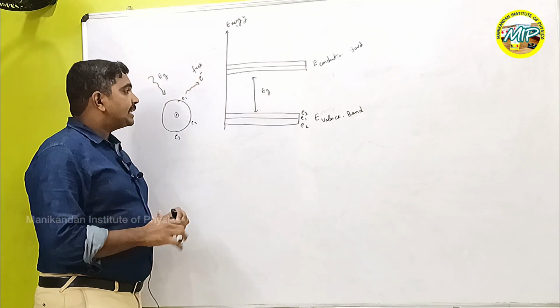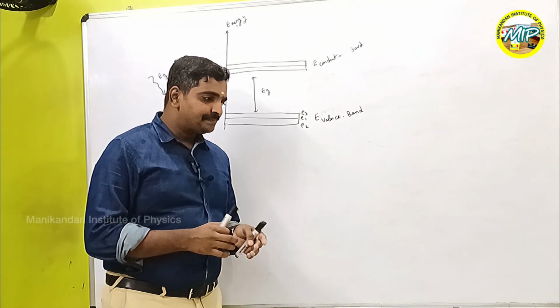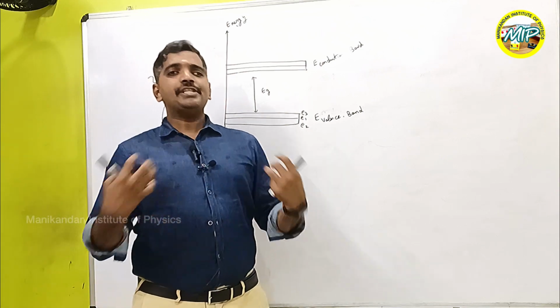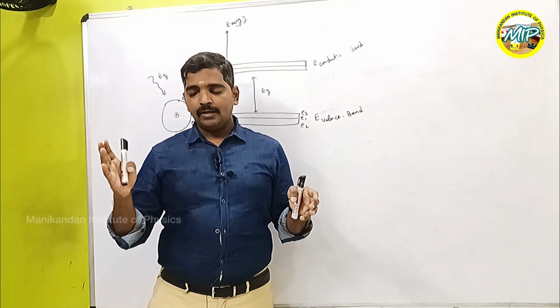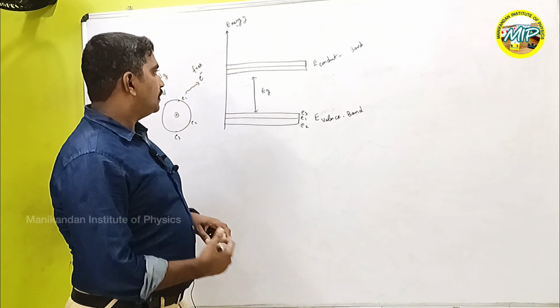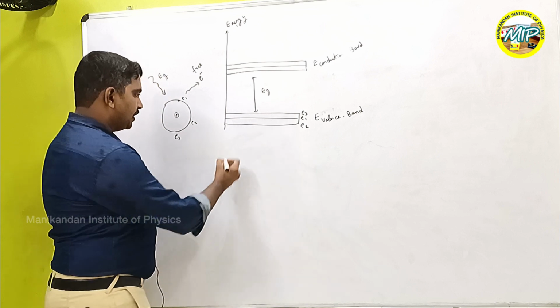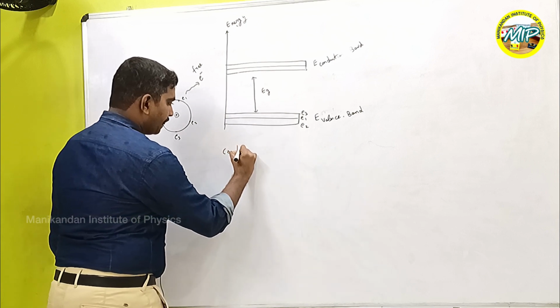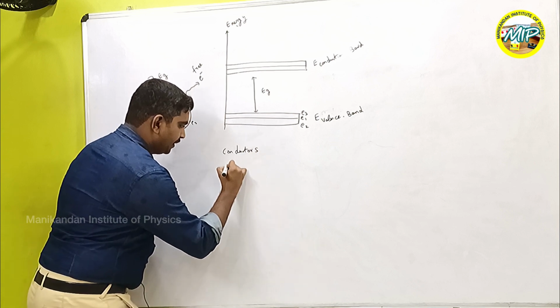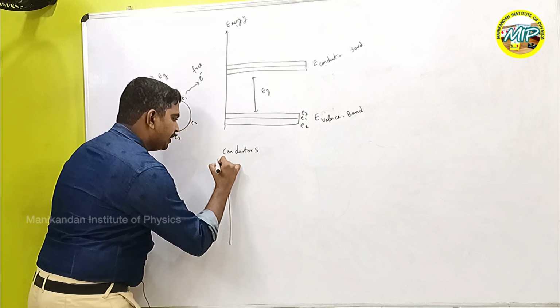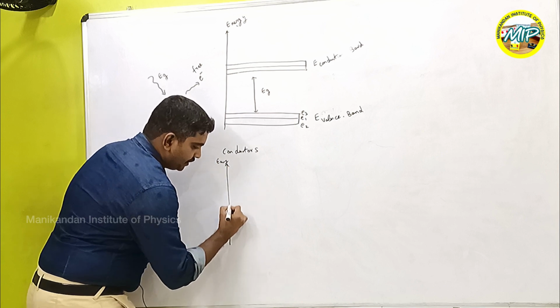Next, how can we differentiate conductor, insulator, and semiconductors? First I'm going to start with the conductor. This is my energy axis.